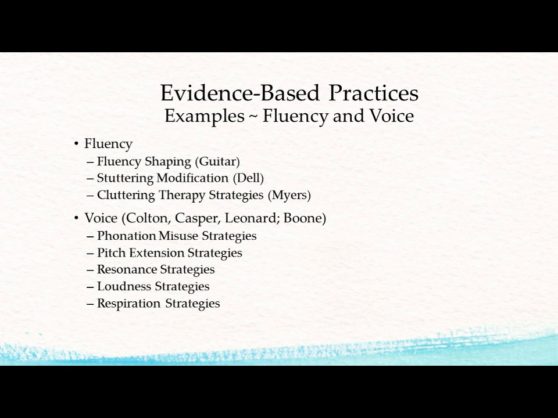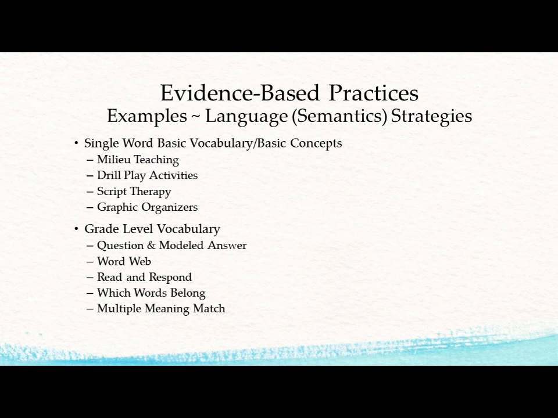So there are strategies to get you started in terms of working with a student in the area of phonation misuse, pitch extension strategies, resonance, loudness, and respiration strategies. So again, in Review360, you'll see a description of the target skills and a brief description of how to implement the approach or strategy.